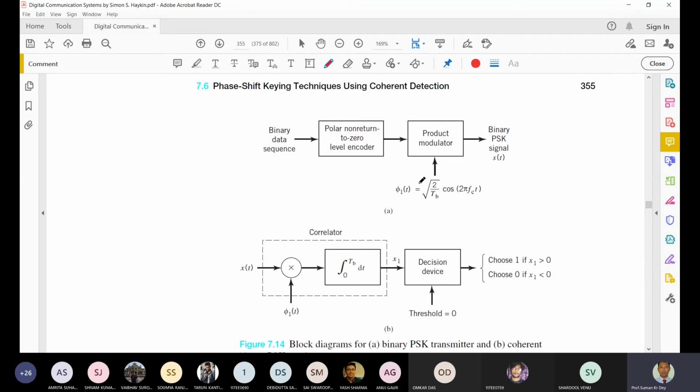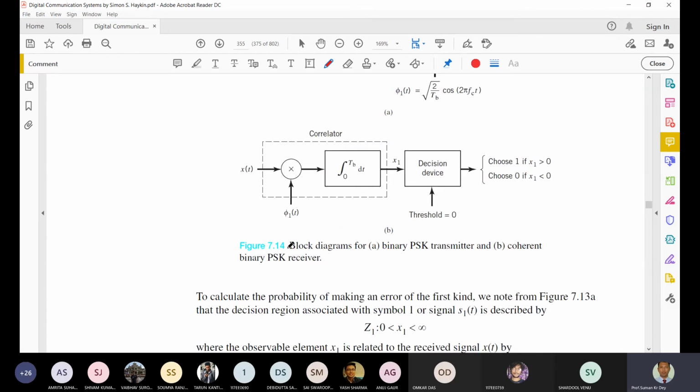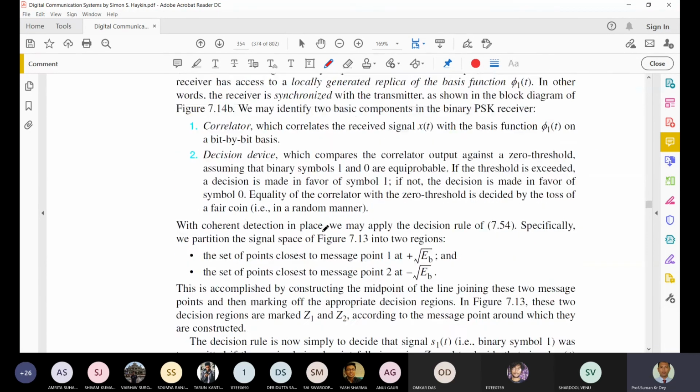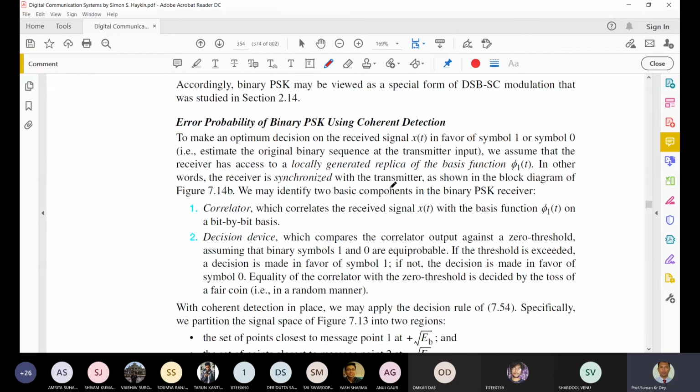We'll discuss them one by one. The first one, this figure, gives the generation of the BPSK signal, and this one is the coherent detection of the BPSK signal.